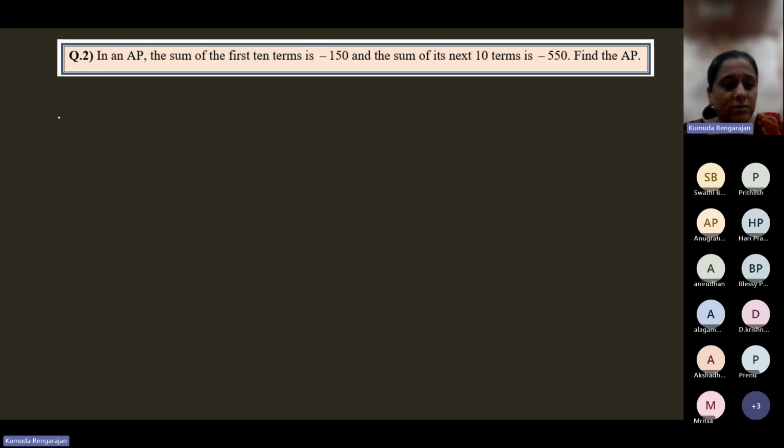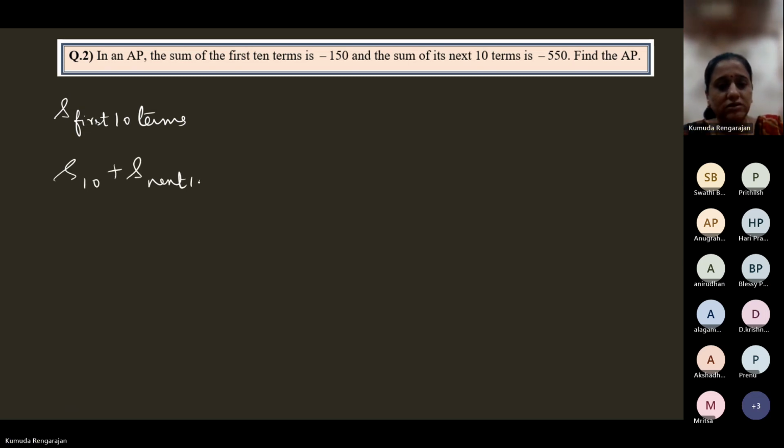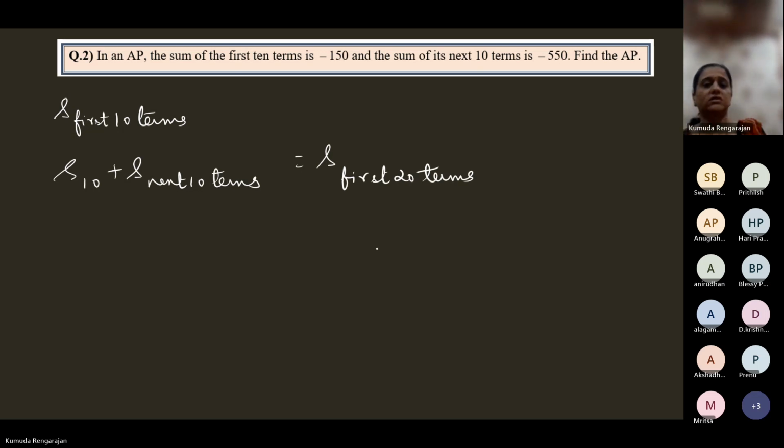The sum of the first 10 terms, that is S10, plus the sum of the next 10 terms, together is what?